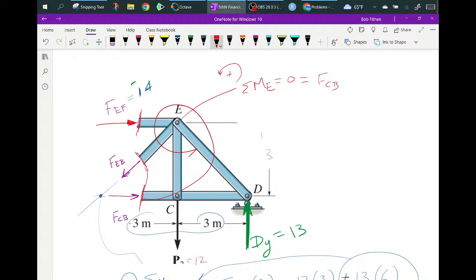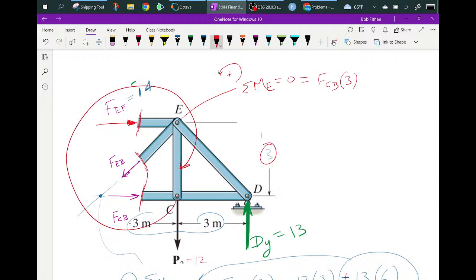That moment spins that way. Its moment arm is 3 because that's still 3. Then I'm going to line them up vertically. And then this one goes that way, which is minus 12. Wait a minute. It doesn't have a moment arm. It goes right through E.